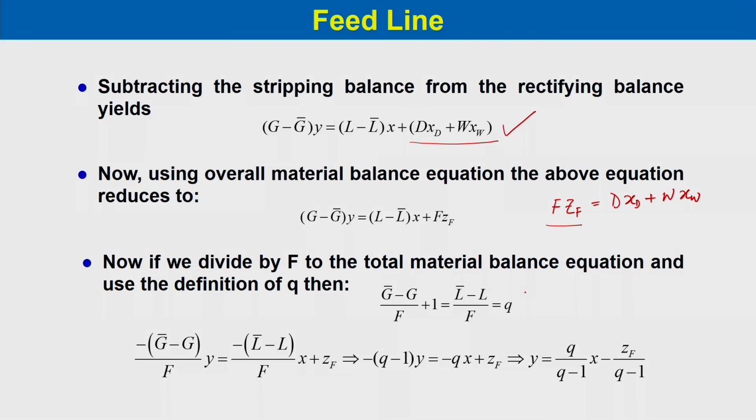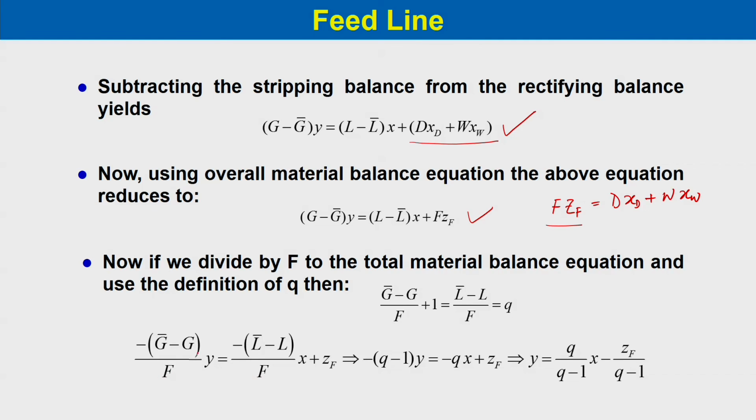Now, if we substitute this definition of q in the material balance equation, we can write minus (G bar minus G) divided by F into y is equal to minus (L bar minus L) by F into x plus zF.